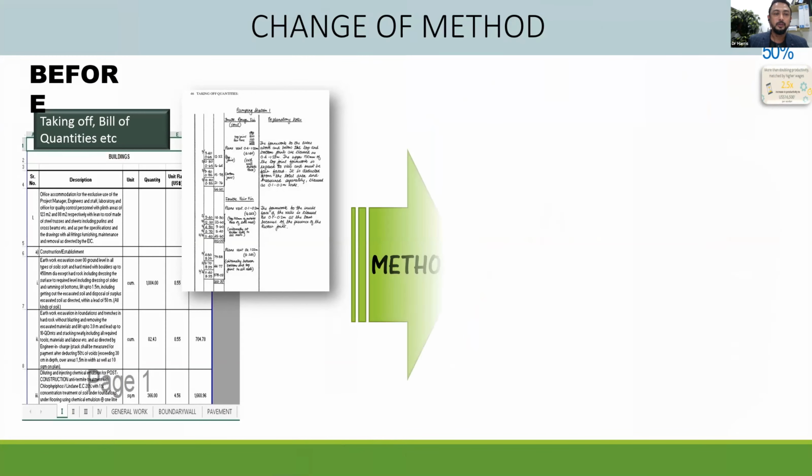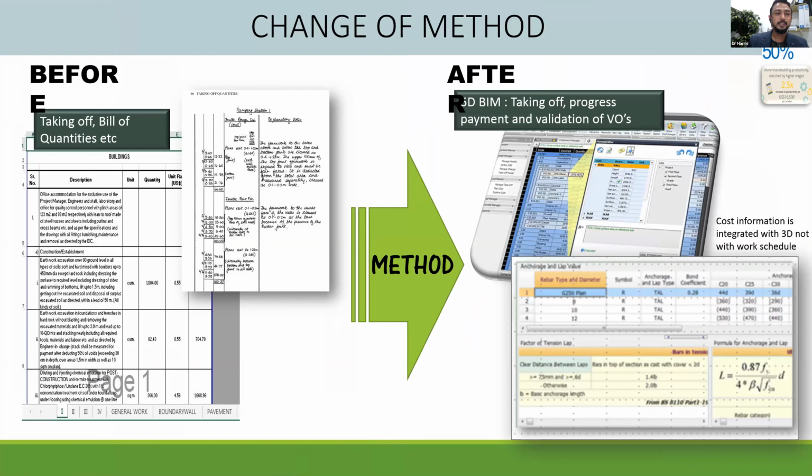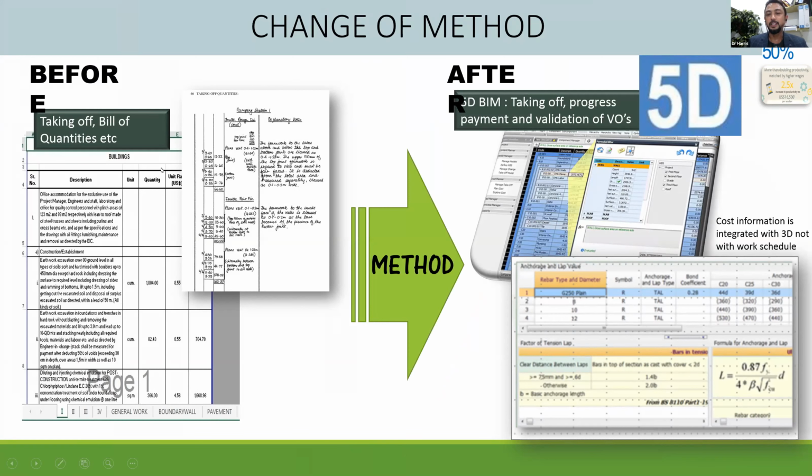And from the taking off perspective for the 5D part, before we had to take off using the takeoff paper. And now with the 5D software, we can use a few button clicks and you can get the taking off and the quantity of the building easily. And this we know as the 5 dimension, the 5D.